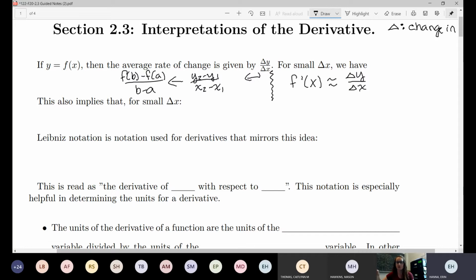And that's essentially what we were just doing. We were approximating these derivative values with slopes of things that were really close to each other. That's what I mean by small change in x, that the points are really obnoxiously close to each other. So this also implies that for that small change in x, I could also think about it like this.